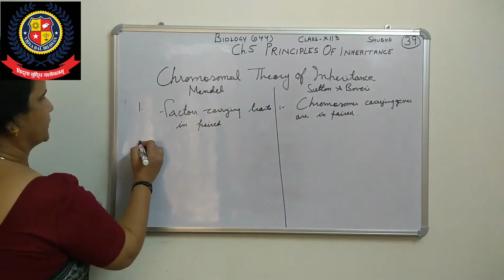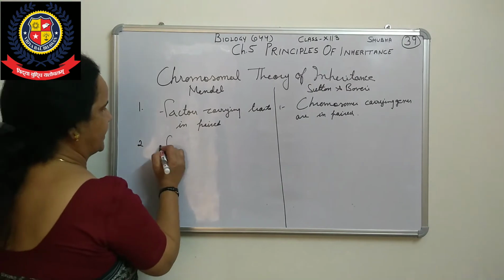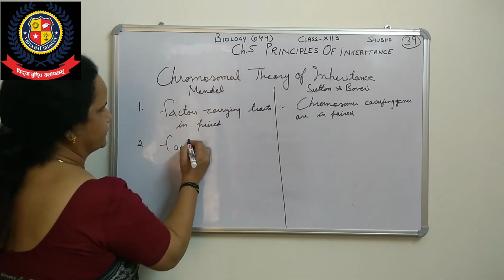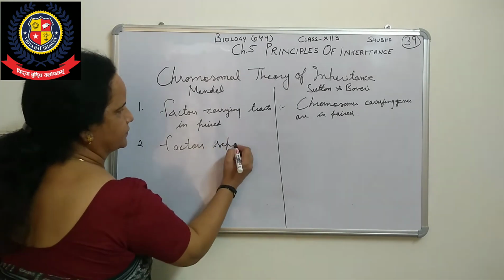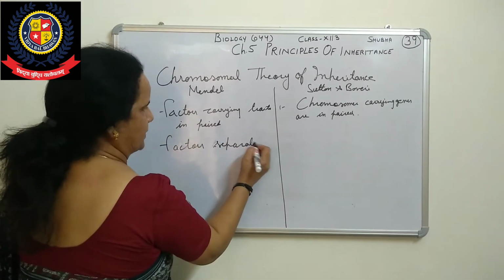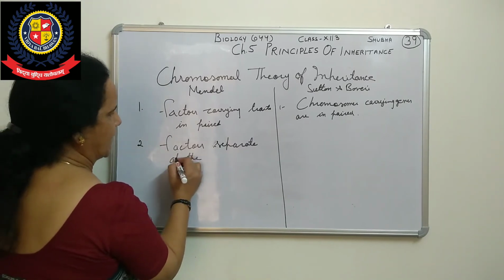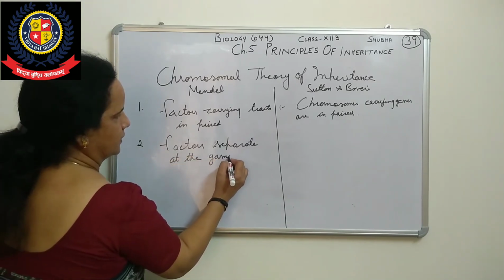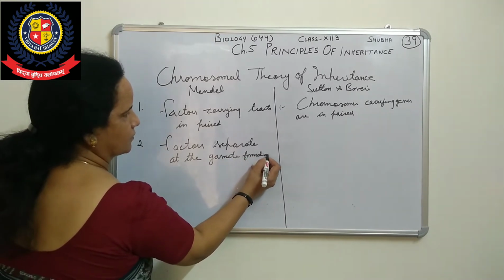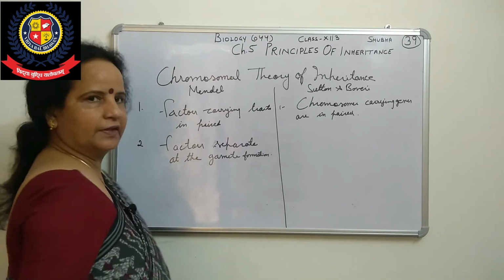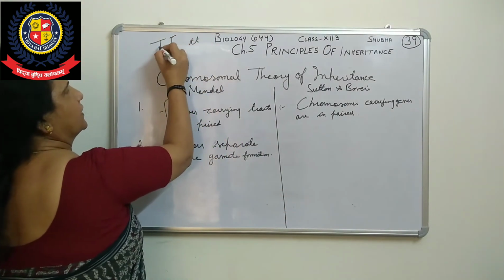The second point Mendel had told is that factors separate at the time of gamete formation. As we see, we have taken TT and small tt, and then the gametes are formed.